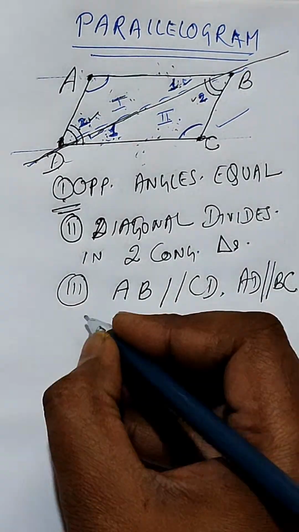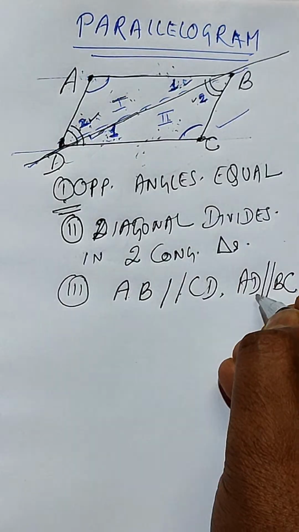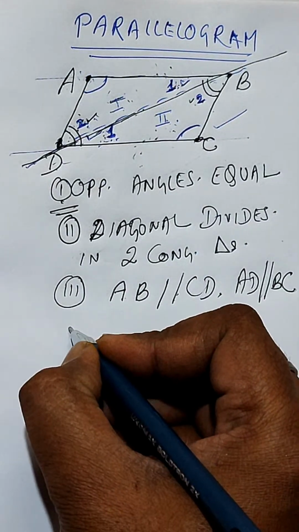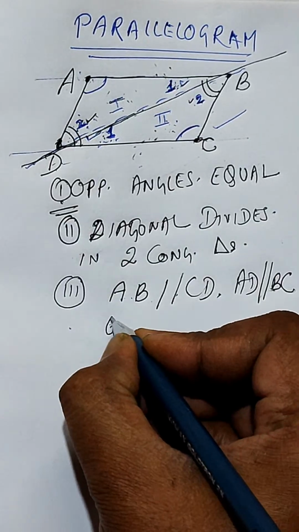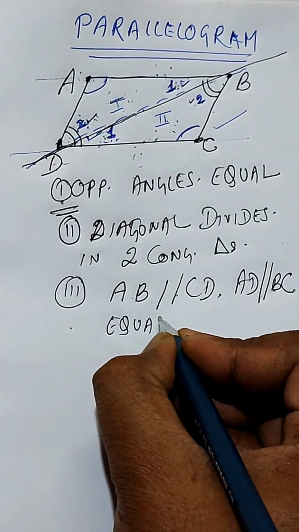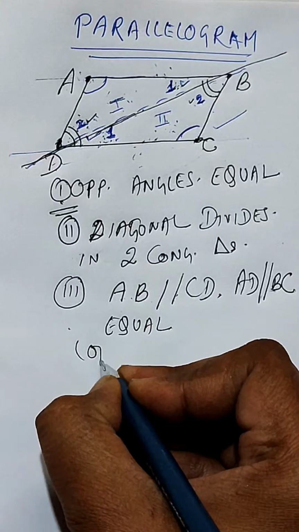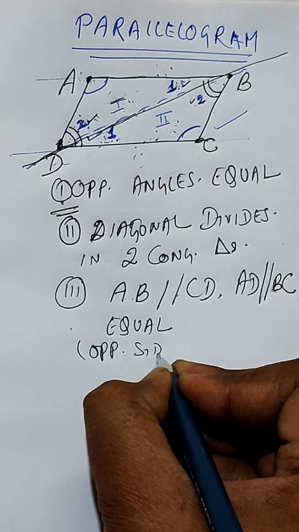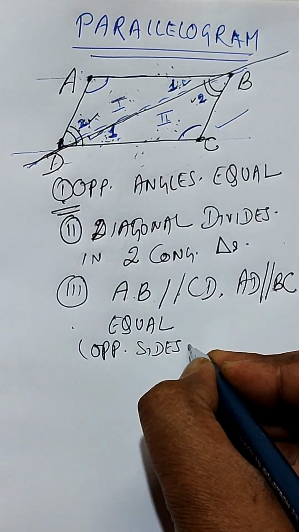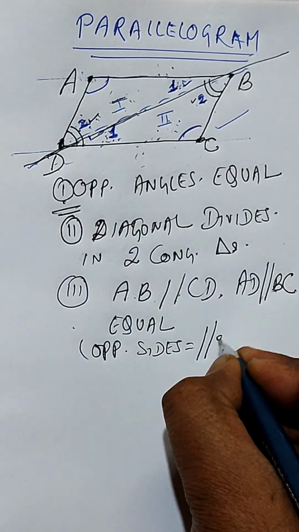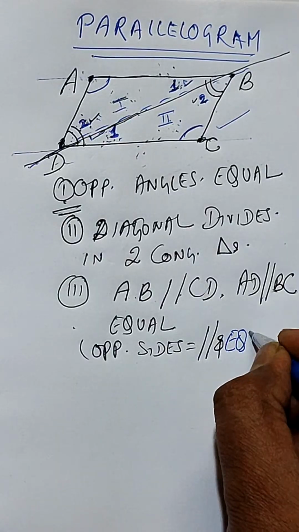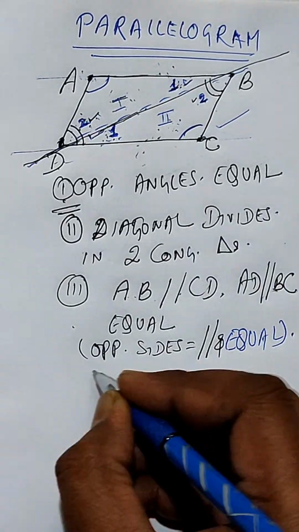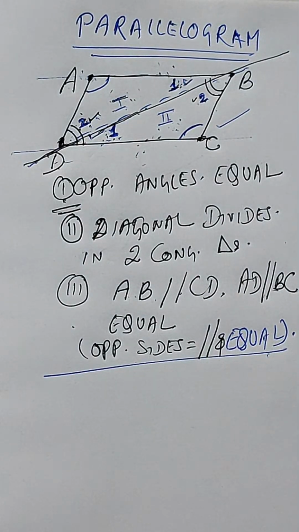This is the main part. These are not only parallel but they are also equal. I'm writing: opposite sides are parallel and equal.